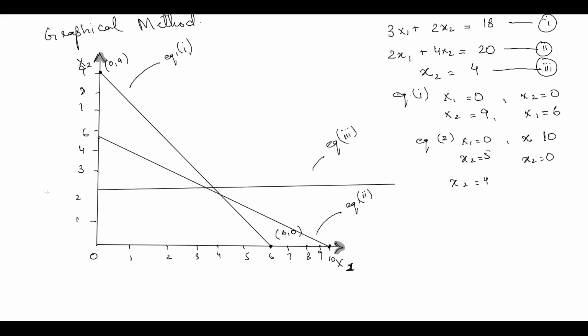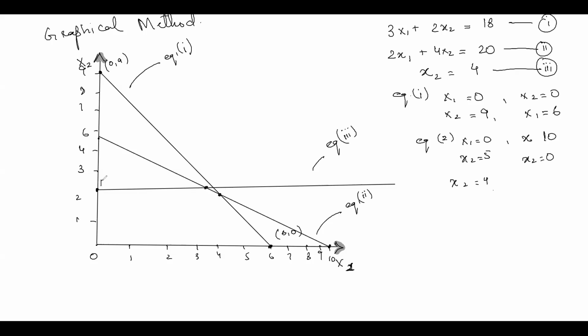All right, so the feasible area is the set of all possible solutions we have. If we are here, all these corner points are actually a solution.